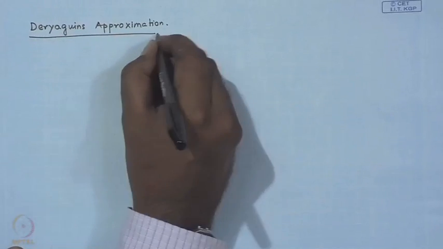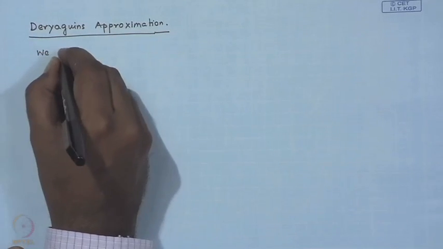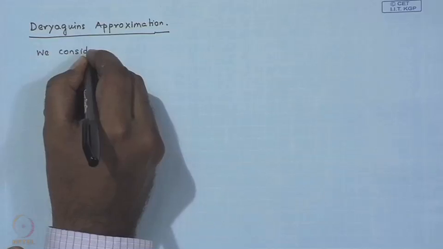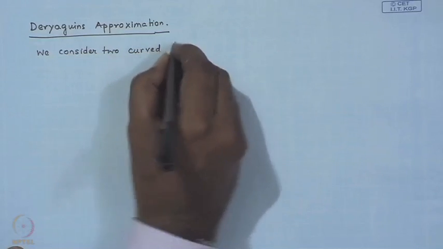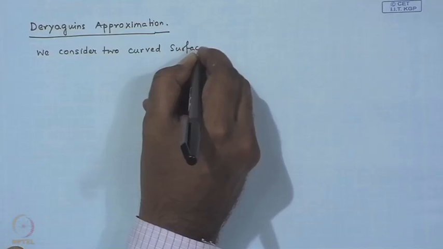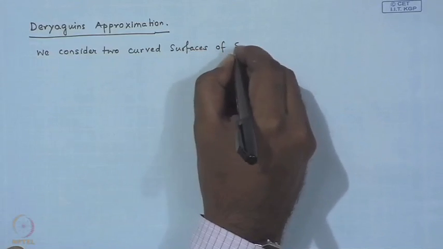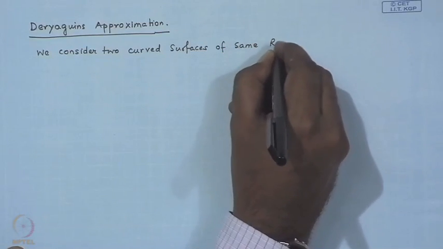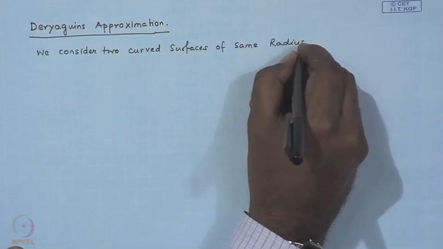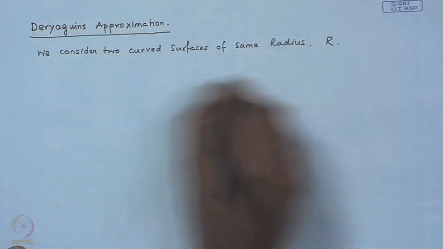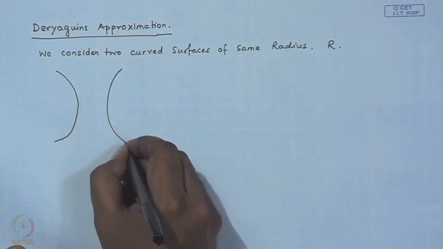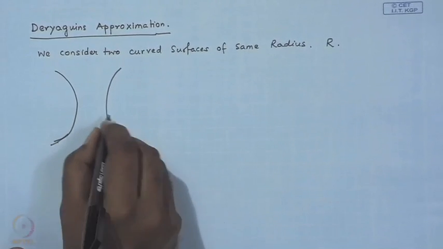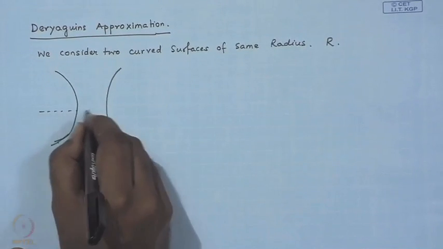So, we consider two curved surfaces of the same radius, let us say r. So, it is like this, and so this is the axis.